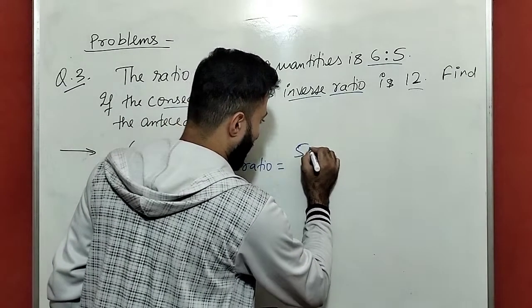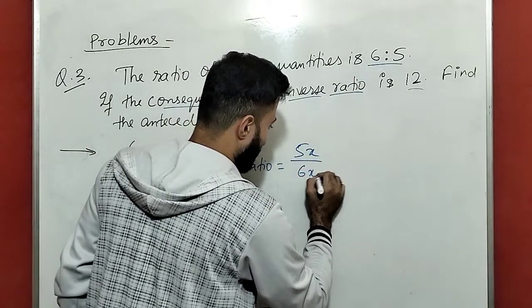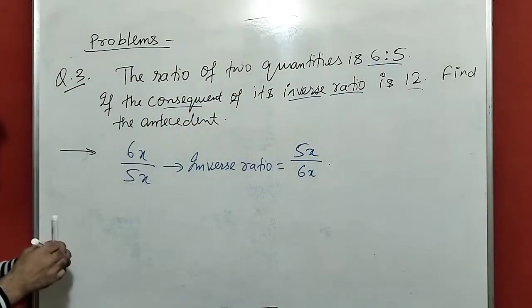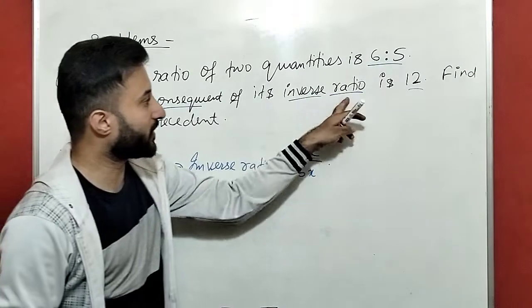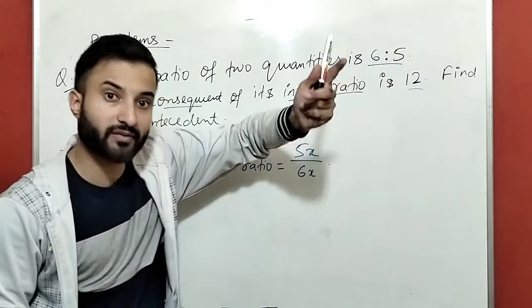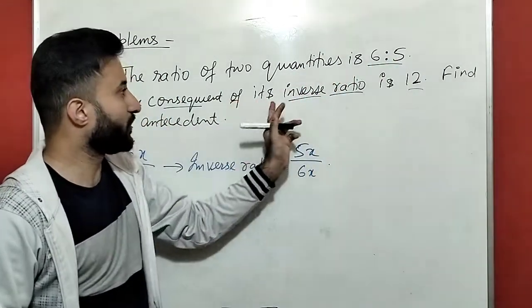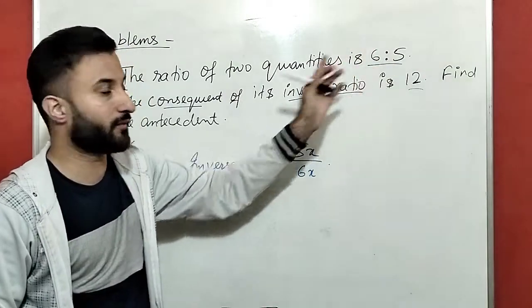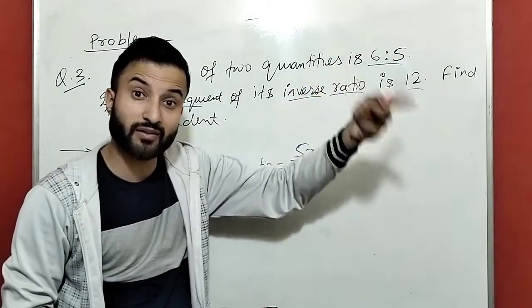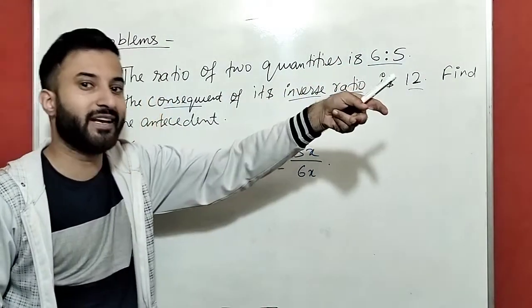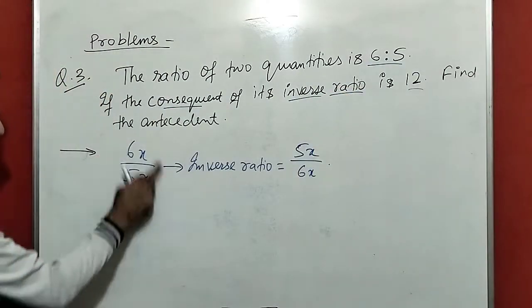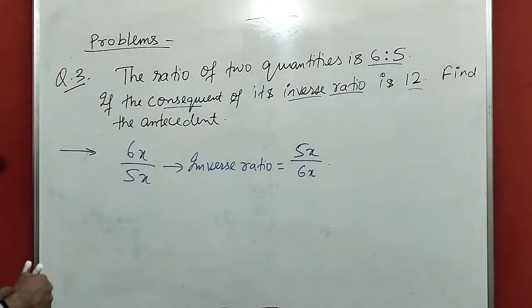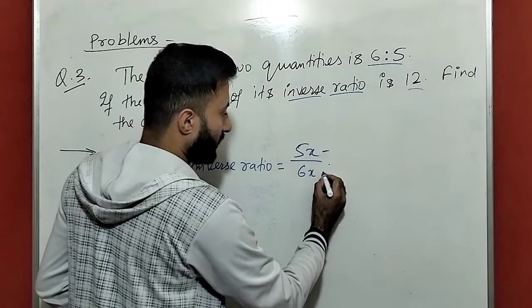So it will become 5x by 6x, right? They told the consequent of its inverse ratio, not of the ratio itself. So this is the inverse ratio, where this is the antecedent and this is the consequent.